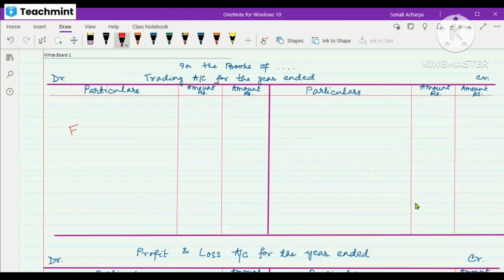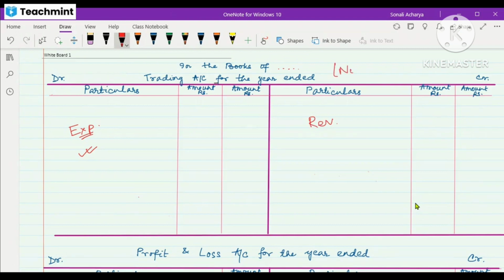So we will record all the expenses that are related to purchase and cost of goods sold on this side. Revenue items will be recorded in the credit side.